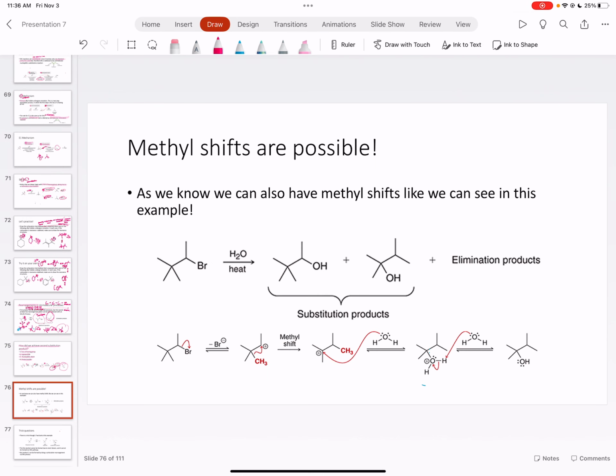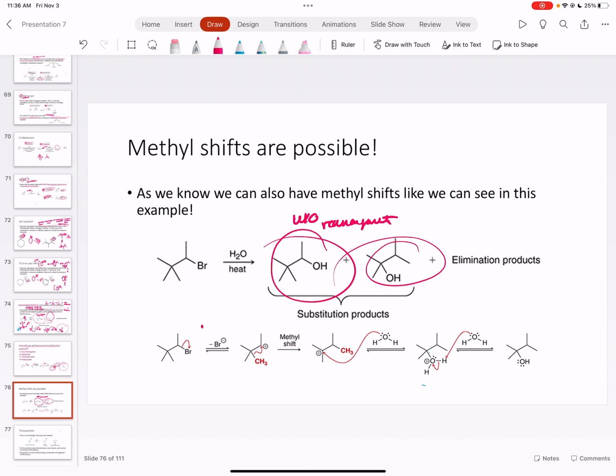So as we said, with carbocation rearrangements, there's not only hydride shifts, we also have methyl shifts. So then in this other example, you can see that the first product we can again just get without rearrangement, but the second product is with rearrangements.